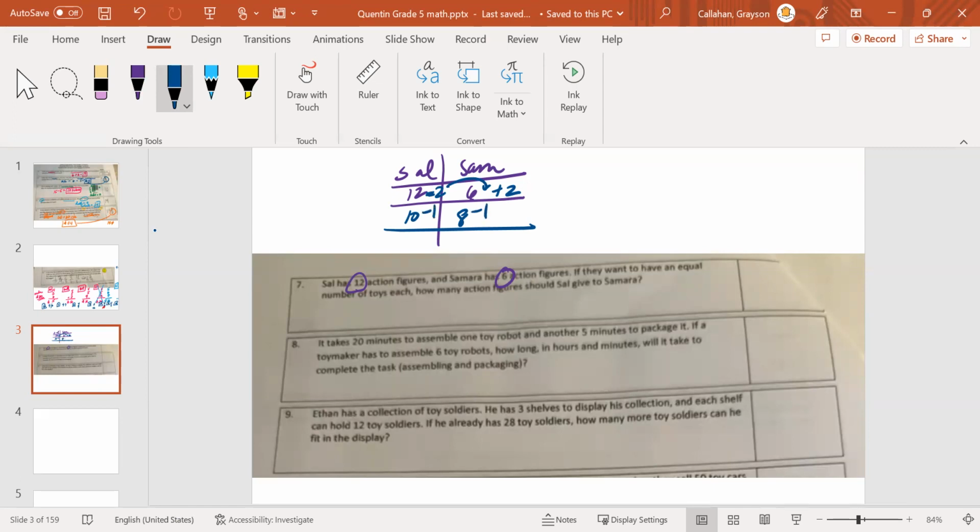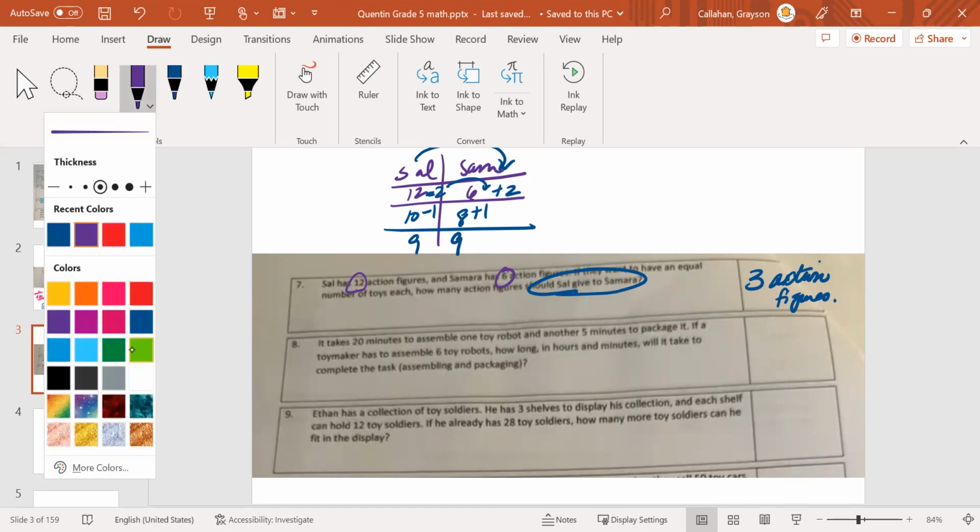So the minus 1, 9 and 9. So then how many did Sal give to Samara? Yeah. 3. Action figures. No, action figures. All right, question number 8.